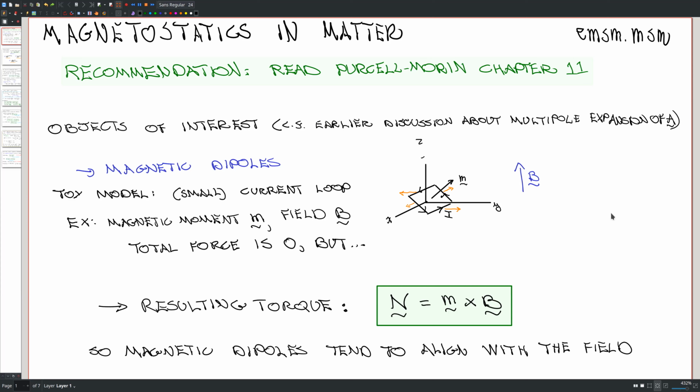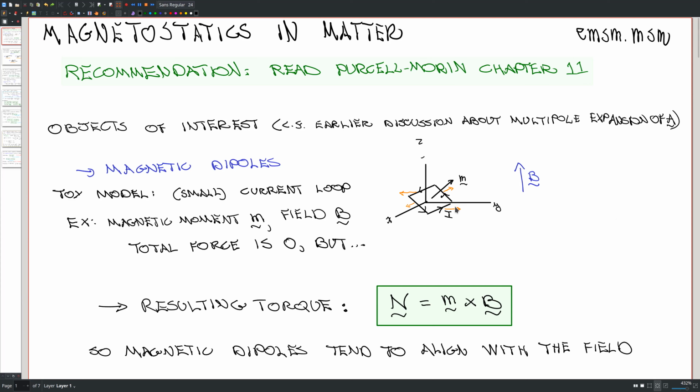We encountered the notion of magnetic dipoles, which you can think of in your head as tiny little loops of current. We argued that the important characteristic of this is their magnetic moment, which is in a sense the surface average of the normal vector multiplied by the current that goes around it. So we had this little magnetic moment m associated to a current loop.